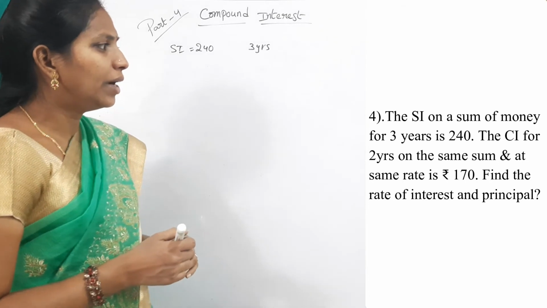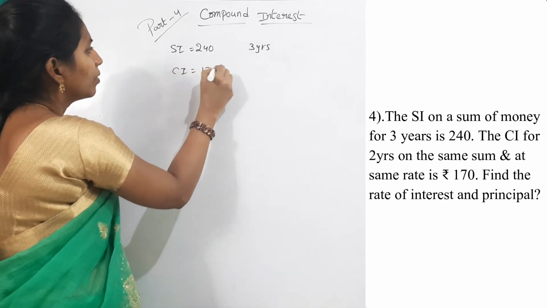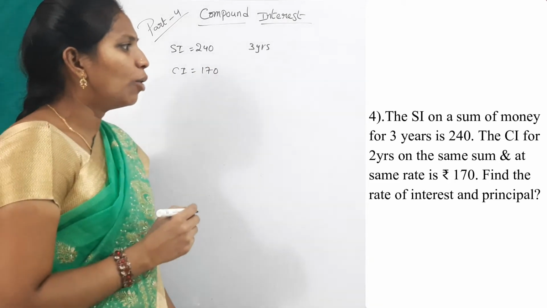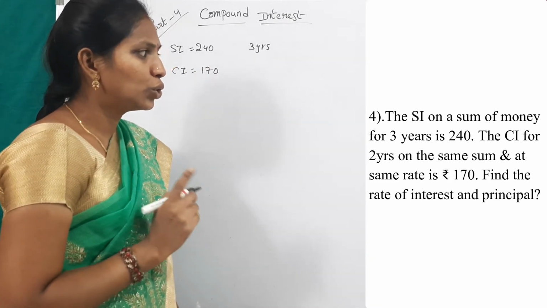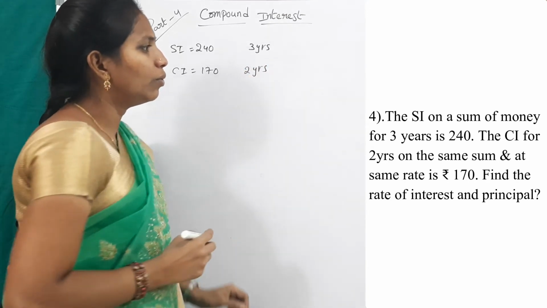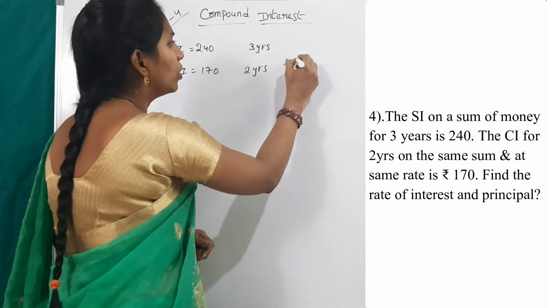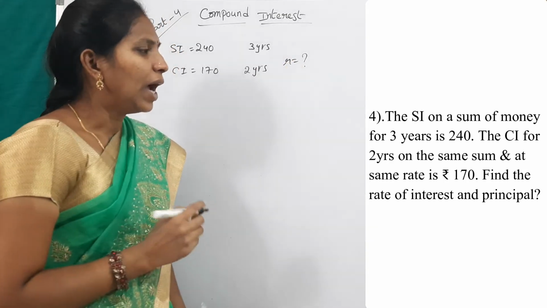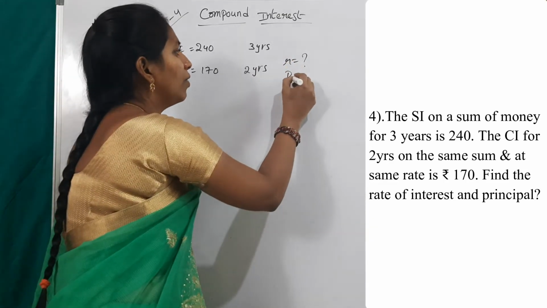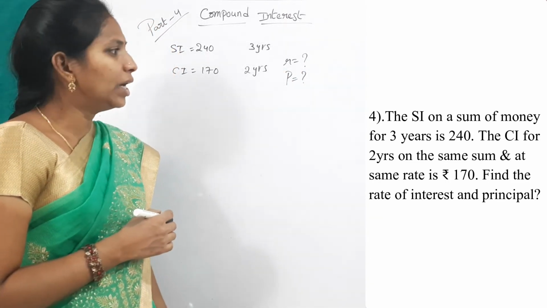Here compound interest is 170 for 2 years, not 3 years. Then what is the question? Find the rate of interest. R equal to how much? And find out principal. This question is very important.